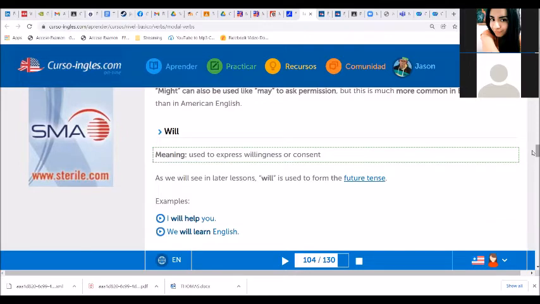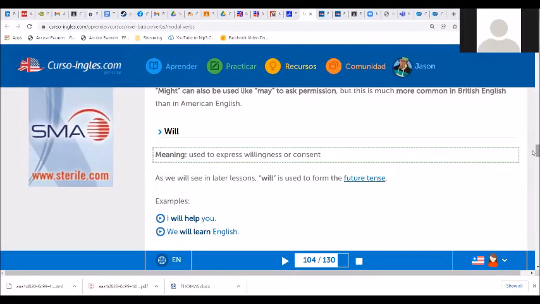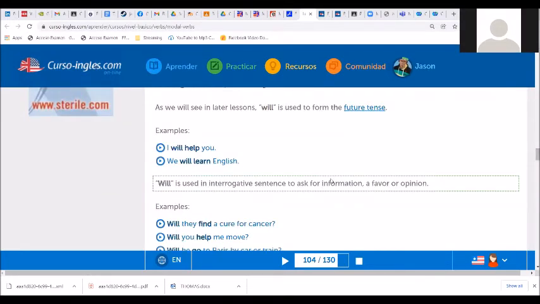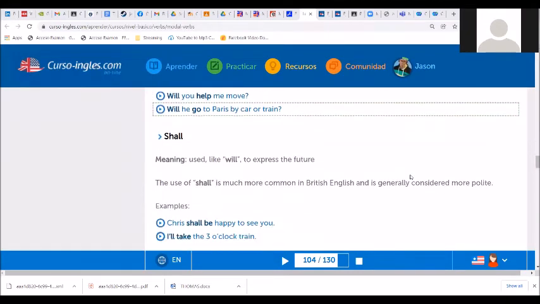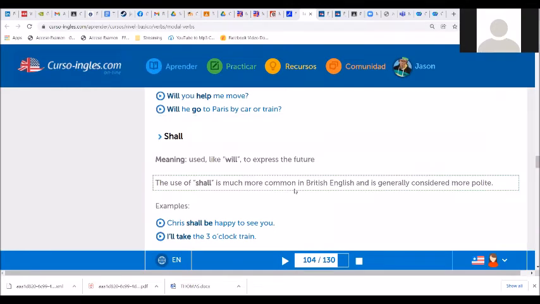Example, I will help you. We will learn English. Good. All right. So clear future, also used for giving or asking for information and asking for favors and asking for help or opinions. And it's used just like shall.